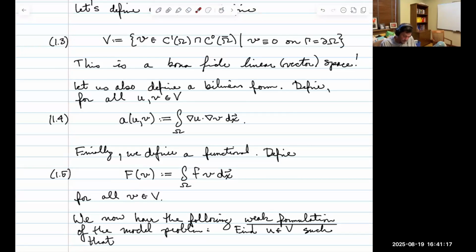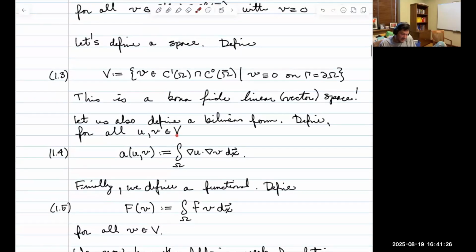Right, so that all seems to make sense. And by the way, notice that u and v are both from the space V. And the space V demands that the functions are at least C1 in the open set omega, and that's enough for this to make sense.